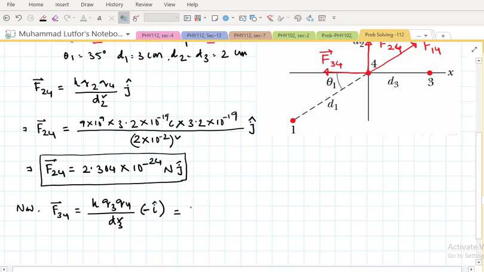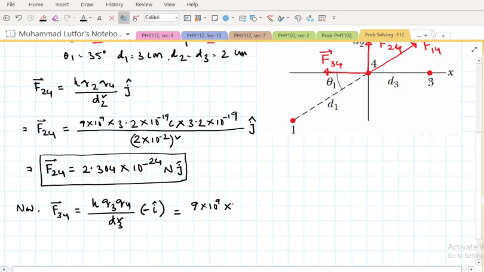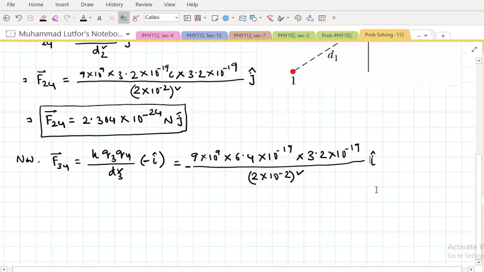If you plug in the values, which is 9 times 10 to the power 9, Q3 is 6.4 times 10 to the power minus 19, and Q4 is 3.2 times 10 to the power minus 19, divided by D3 squared. D3 is again 2 centimeters, 2 times 10 to the minus 2 squared, and I take this minus sign in front, so minus i hat.